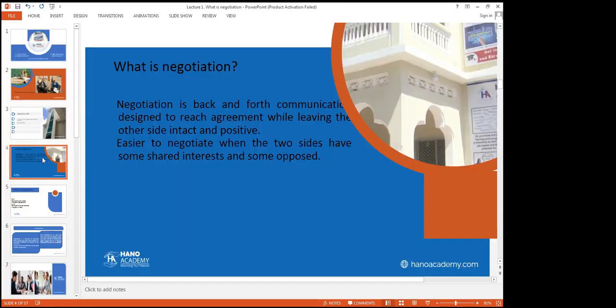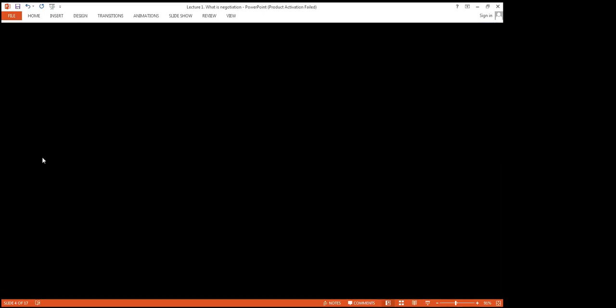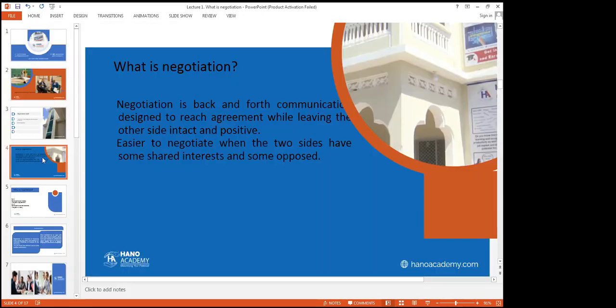It is easier to negotiate when the two sides or parties have shared interests and some opposed interests. So there should be shared interest, then there should be some form of opposition. It's very important that negotiation takes that form: you look at the shared interests and some opposition.